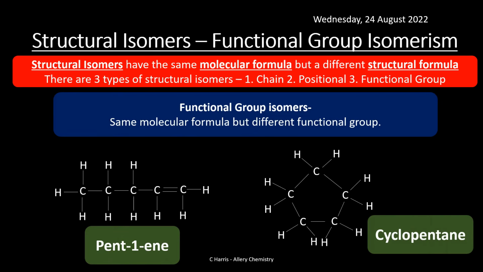And that can form cyclopentane. Now, you can see here, if you count the number of carbons and hydrogens, it's exactly the same as pent-1-ene. But it's no longer an alkene anymore. It's a cycloalkane. So it's basically an alkane molecule that's in a cyclic ring like this. So this is cyclopentane. That's an alkane, that's an alkene. So they're different functional groups.